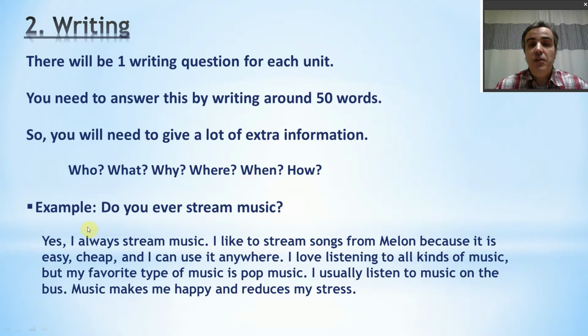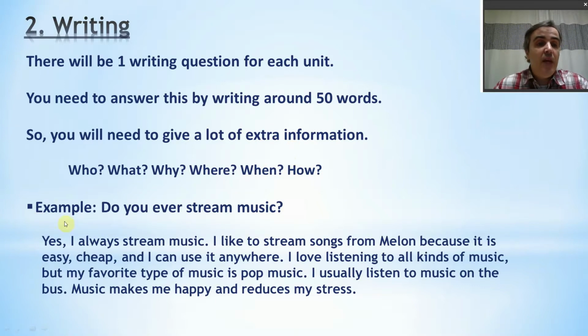You just need to do the same thing in the writing. So that extra information could be who, what, why, where, when, or how. So it's all about trying to describe things in detail, and that's how we can do it.